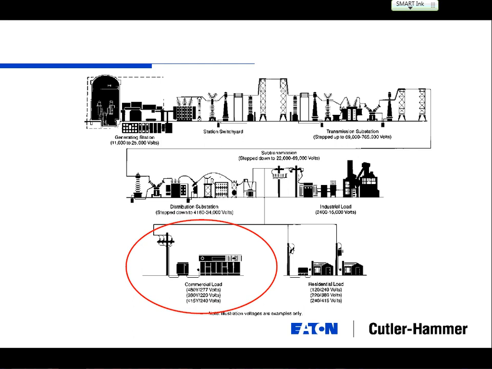And once you get into the cities, into your neighborhood, you have a distribution substation. So we're going to step it down from what they call a transmission voltage to a utilization voltage. Utilization voltage is the voltage that a commercial, residential, or industrial facility can actually use.